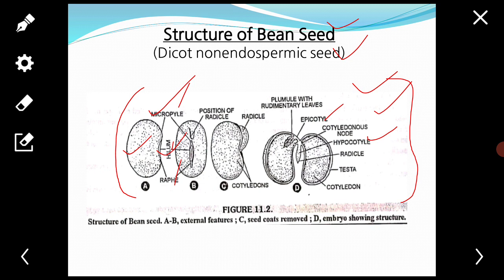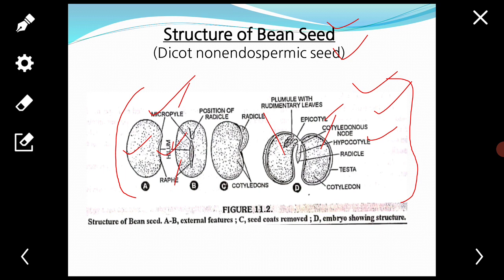Each seed encloses an embryo which can be examined after removing the seed coats. The bulk of the embryo consists of two large, white and kidney-shaped cotyledons, that is this, also called the seed leaves.